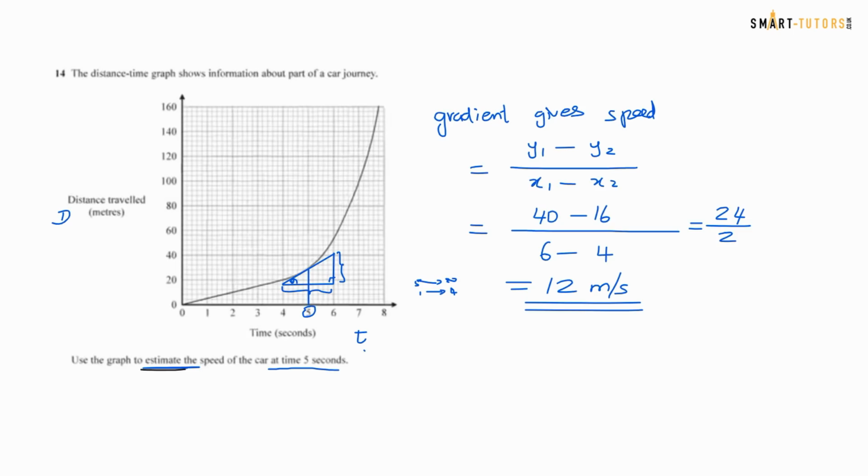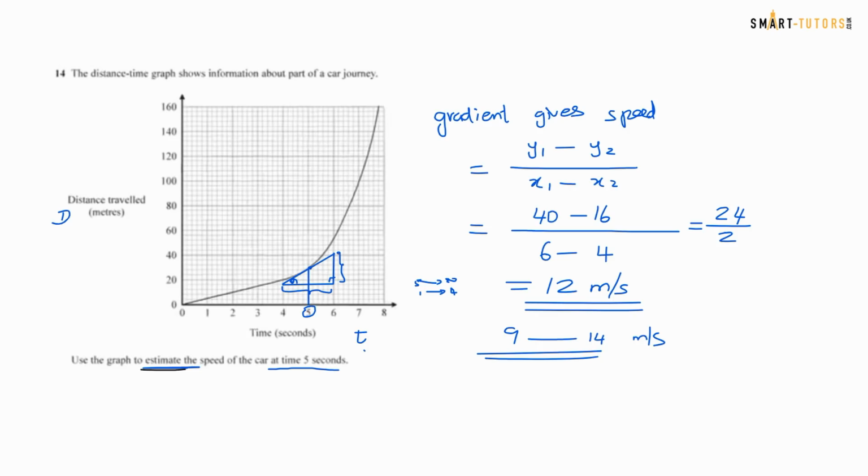So this answer is an estimate. You can see it's an estimate because different people's tangent lines and gradients are going to be different. So in the marking scheme, there will be a range given. Let's say 9 to 14 meters per second is all correct. As long as the 12 falls between the specific values in the marking scheme, you will get it right.